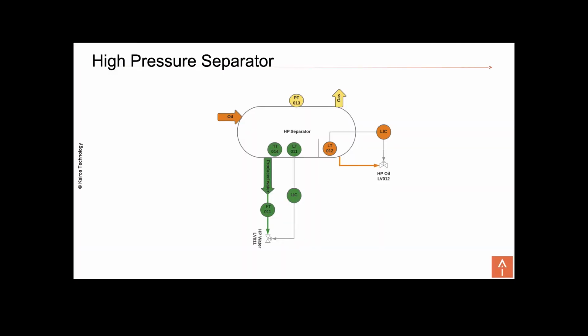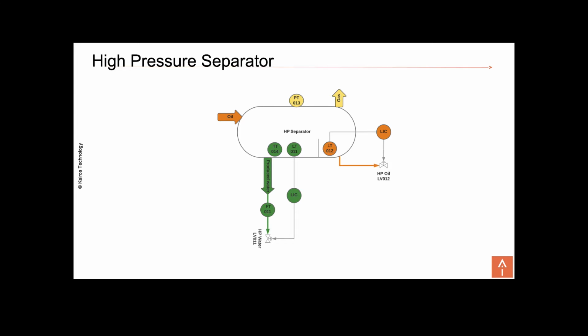I will be demonstrating this on a simple process unit, namely a high pressure separator, where oil is supplied to the separator, which is separated into three phases: water, oil, and gas. On this unit, we have two valves that control the oil level in the separator, and the interface level between the water and the oil.